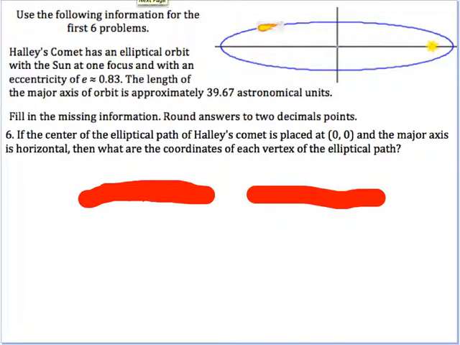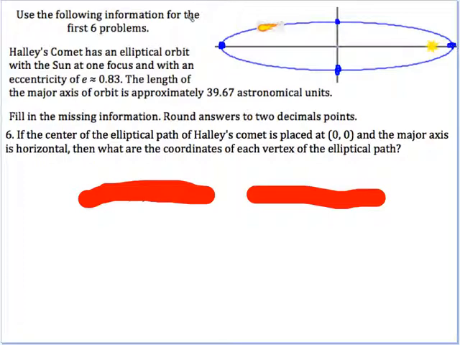Last one that we haven't gone over yet: if the center of the elliptical path of Halley's Comet is placed at 0, 0, and the major axis is horizontal, then what are the coordinates for each vertex of the elliptical path? Well, you need to know that the vertices are the points here and here on the minor axis, and then here and here on the major axis.